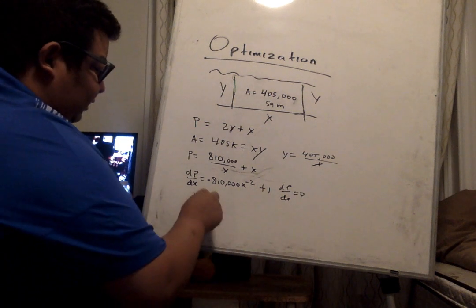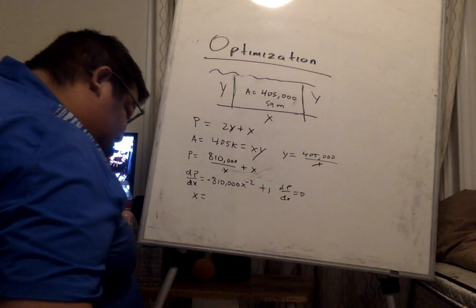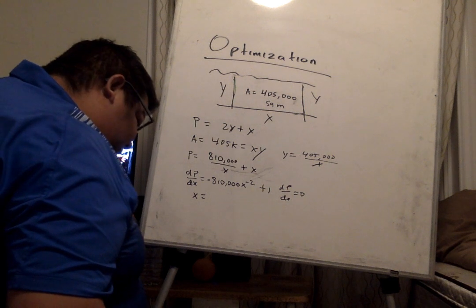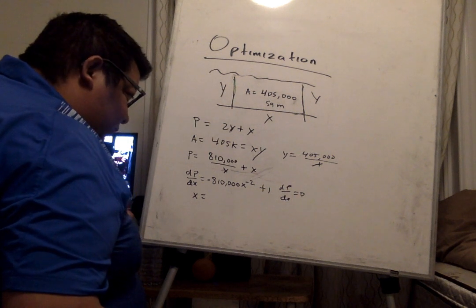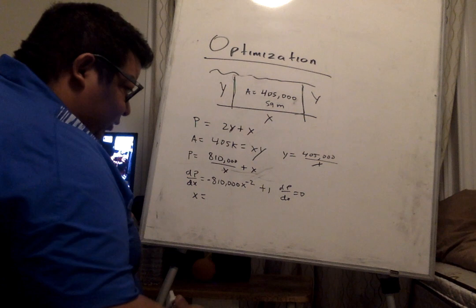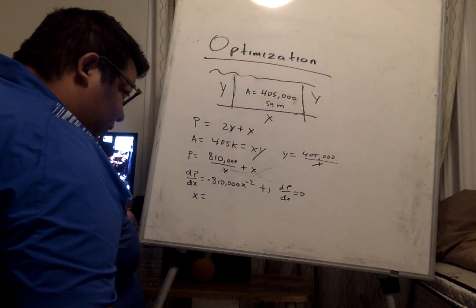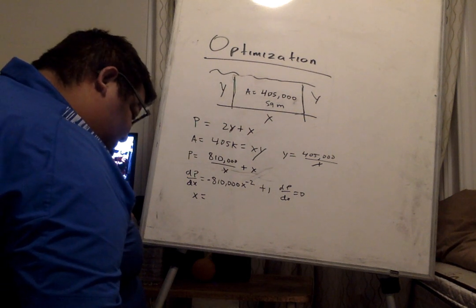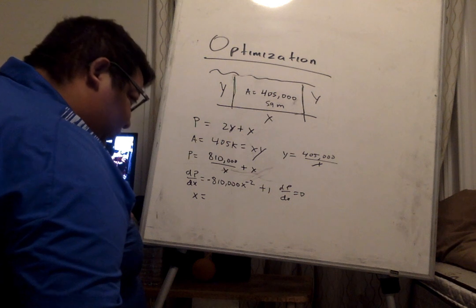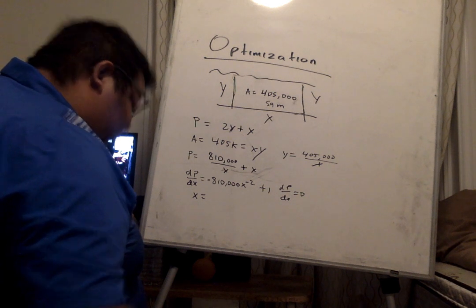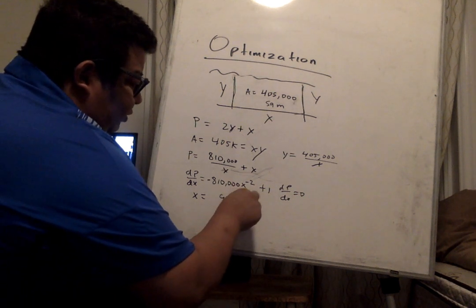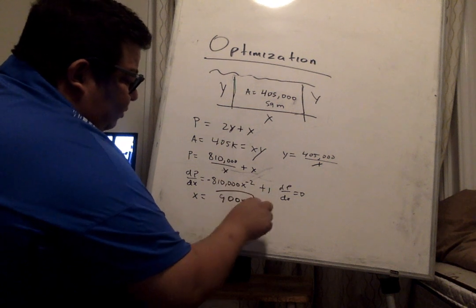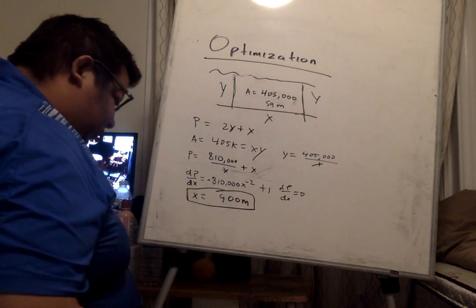And we're going to get that x is equal to 900 meters if we do the quadratic. So it's going to give you 900 meters. So this is the first answer.